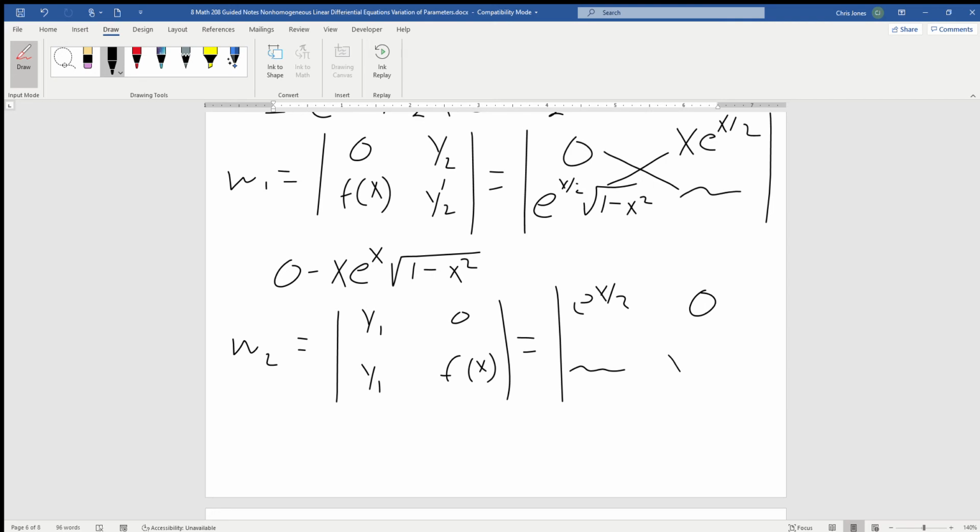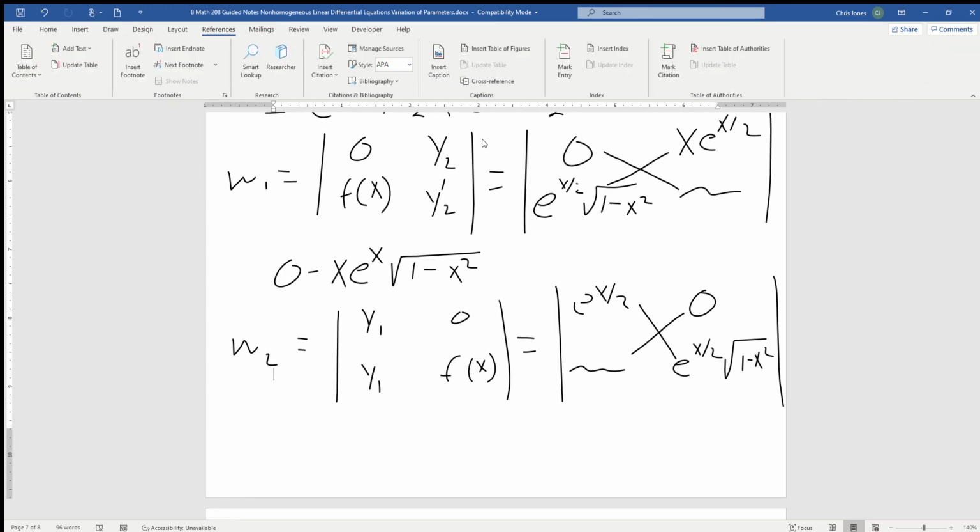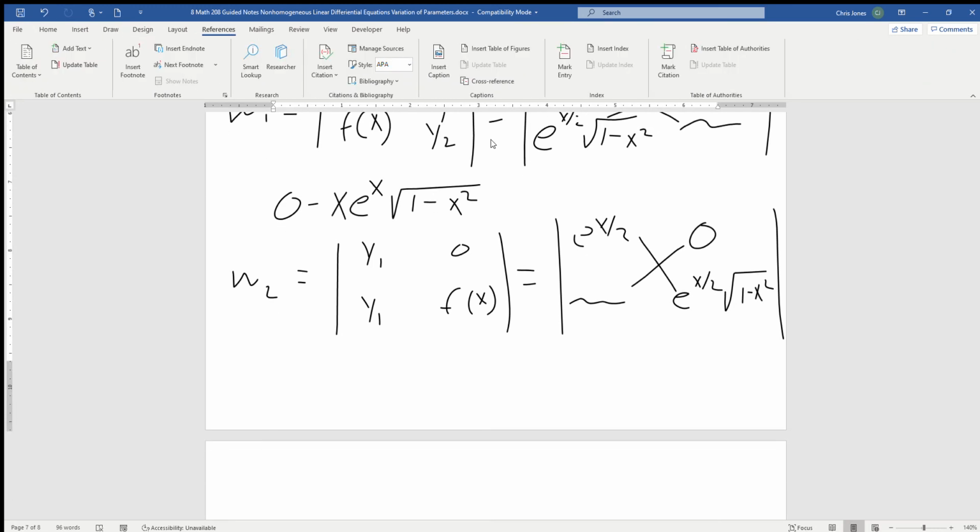And then our function, e to the x over 2 square root 1 minus x squared. All right, and when we cross that, that's going to give us e to the x square root 1 minus x squared, minus 0. I was getting ready to integrate it.